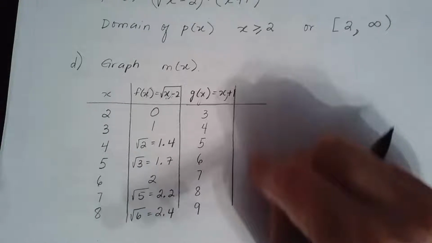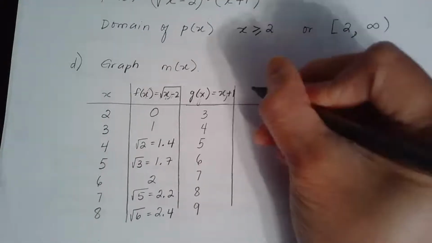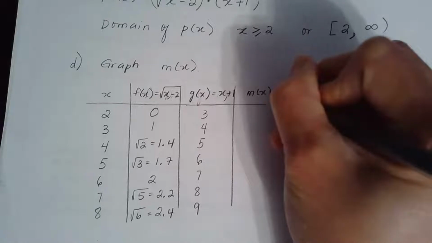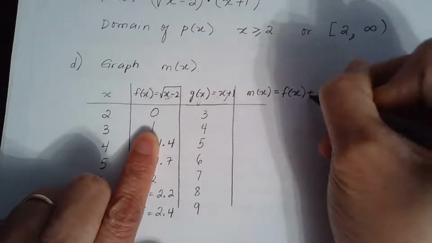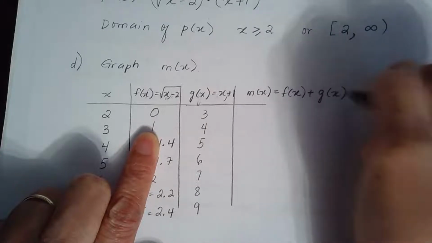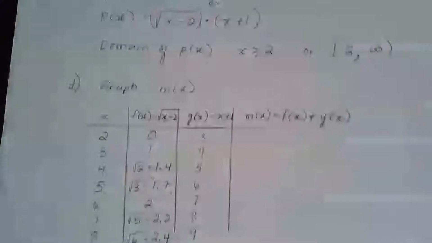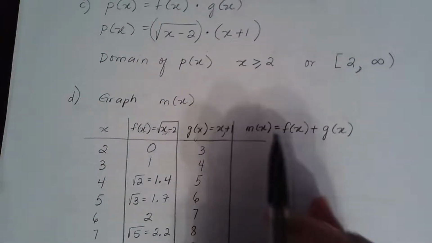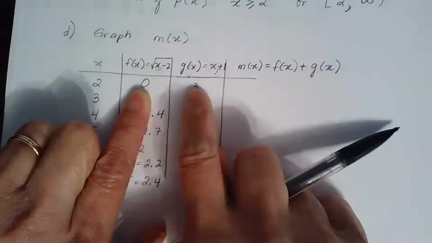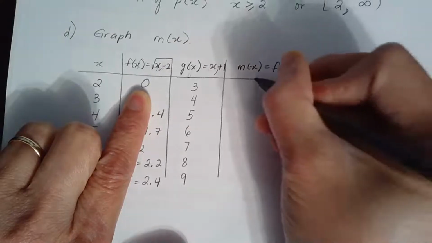So in this particular column, this one will be M of x, which is equal to f of x plus g of x. So what are we going to do? Well, we know that f of x is 0 and g of x is 3. So we add those two together. So this is going to be 3.